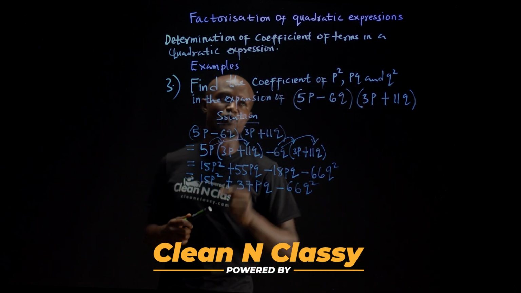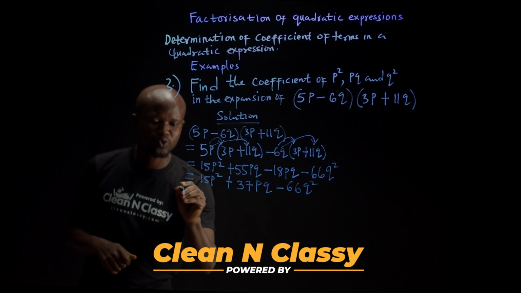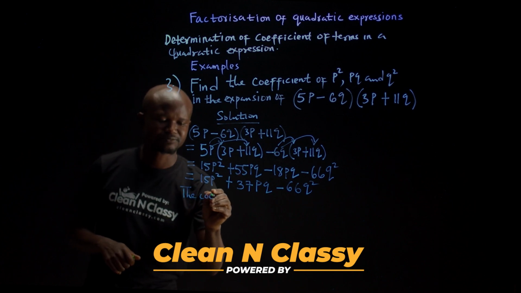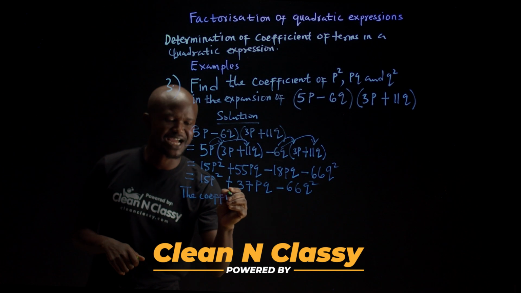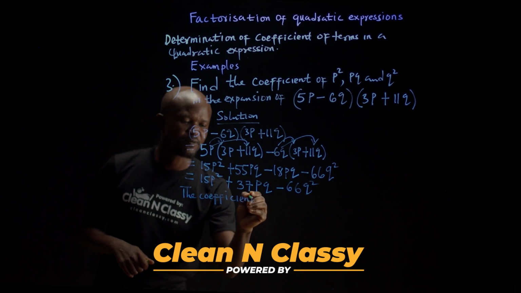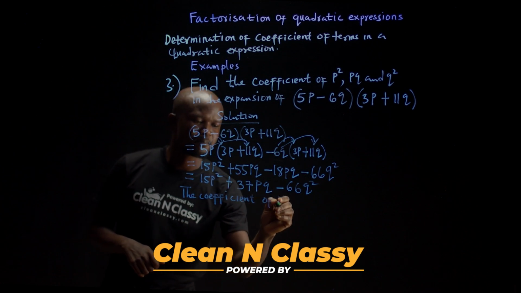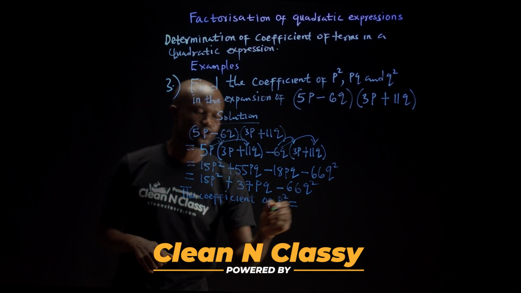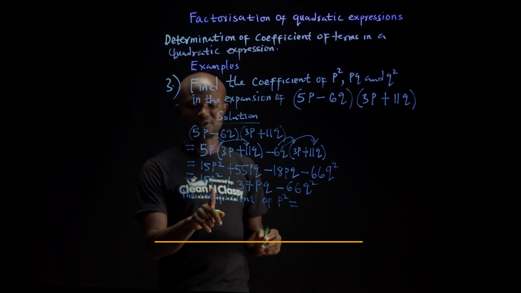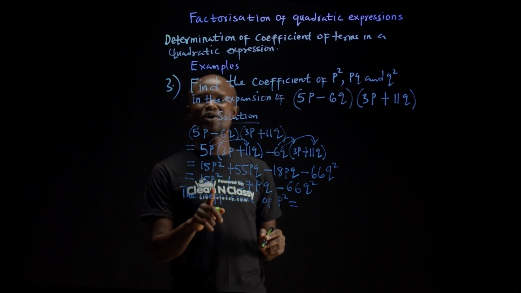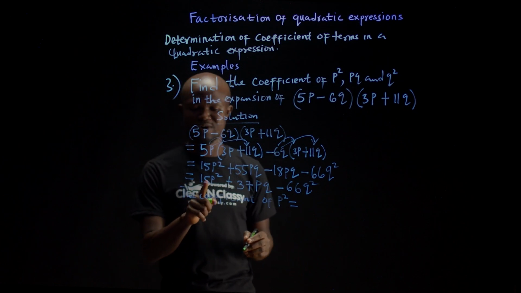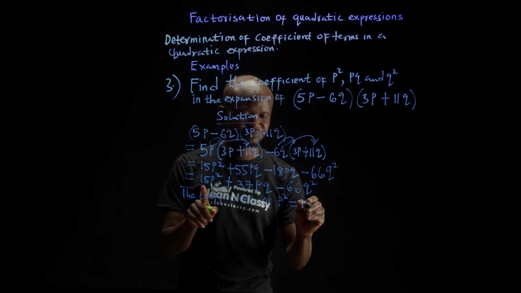Now, let's look for the coefficient of p squared. The coefficient of p squared equals to what? Now, the coefficient of p squared is the number in front of p squared. What is that? 15.